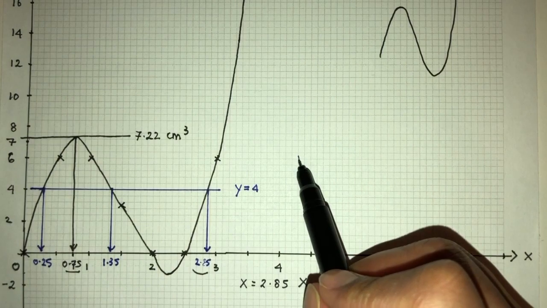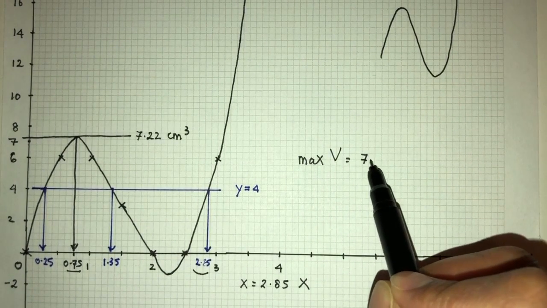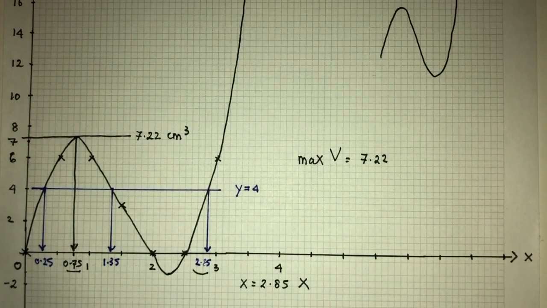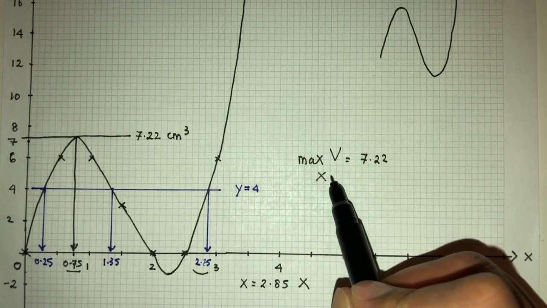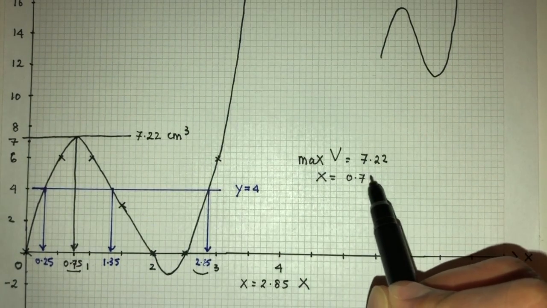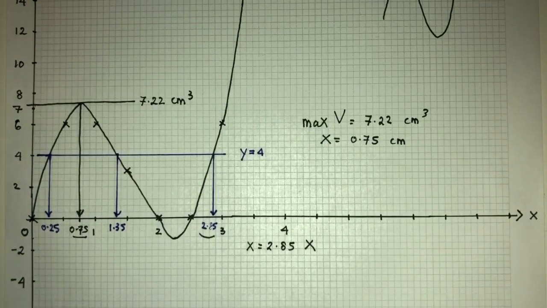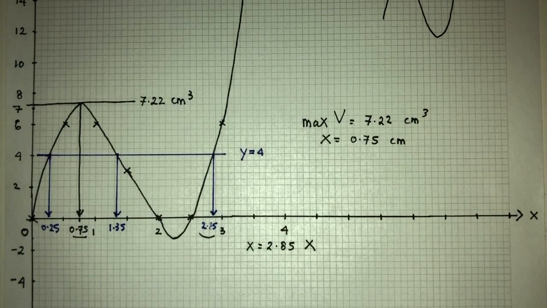So the max volume according to the graph will be 7.22 according to my graph, right? Your value may be a bit different, but you have to show your work. Now for the corresponding value of x, it will be about 0.75 centimeters. This is centimeters cubed, as we have seen right here. And that will be your question number 8.